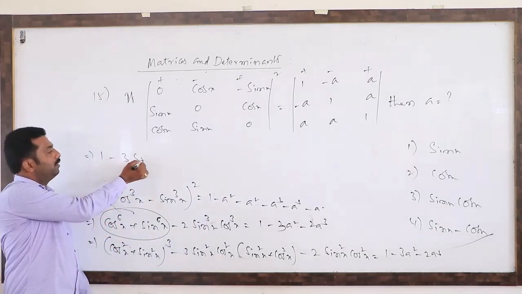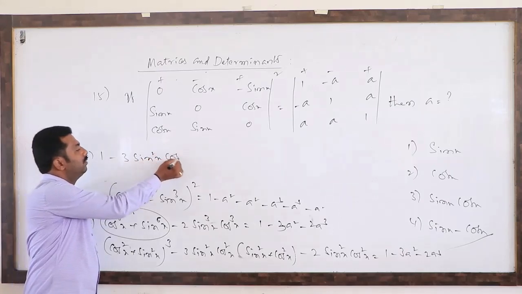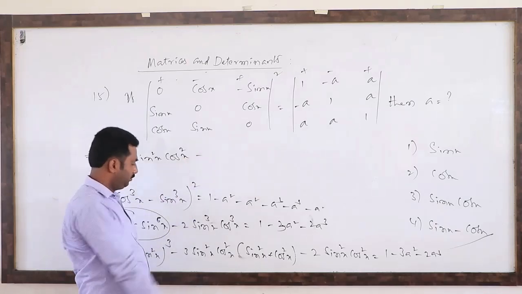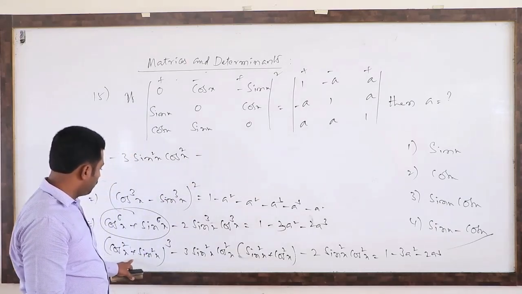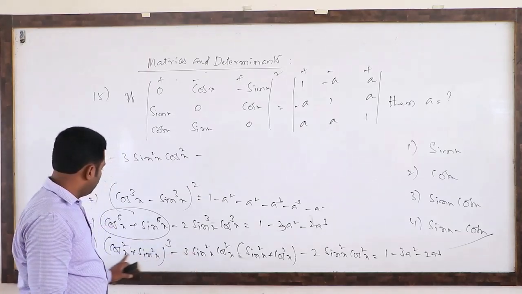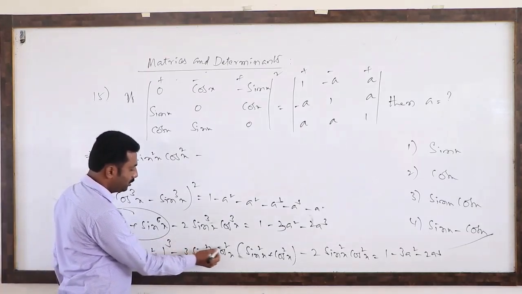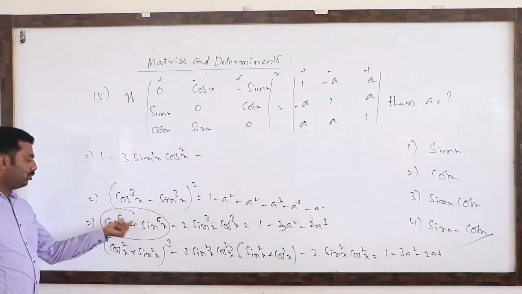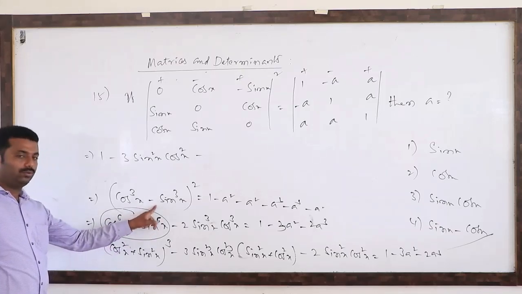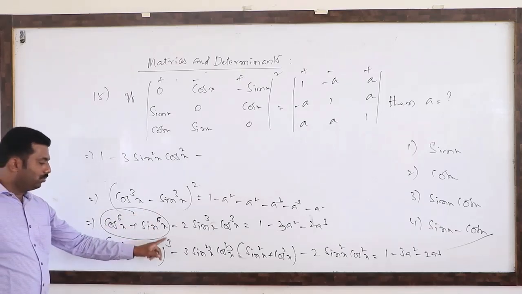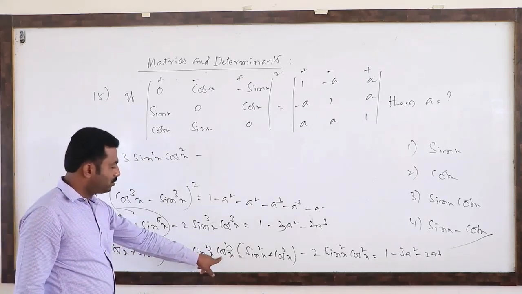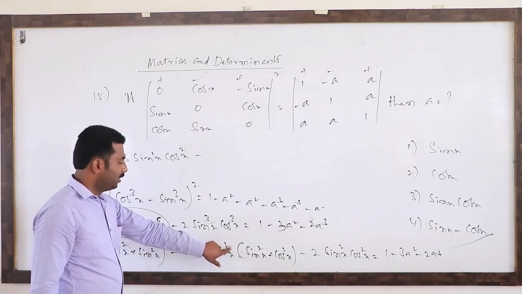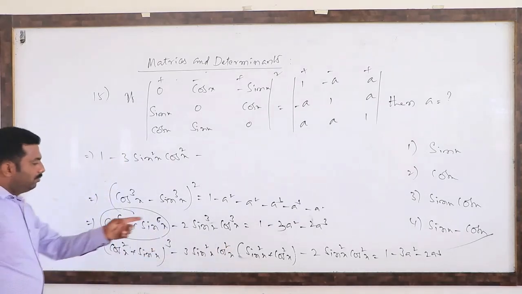Here AB means a is sin square x, b is cos square x, into a plus b.